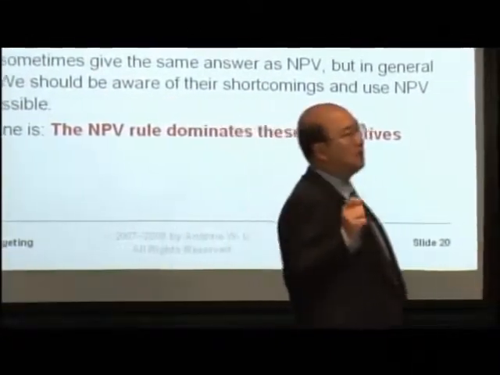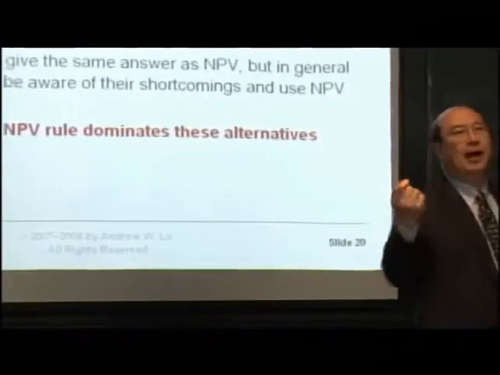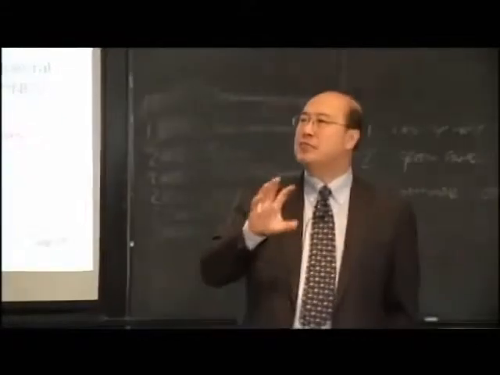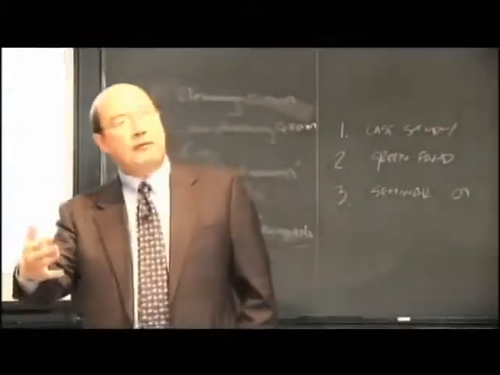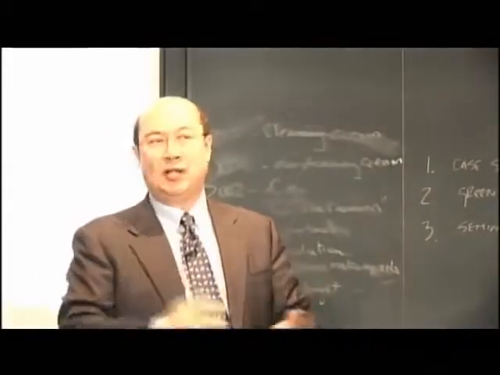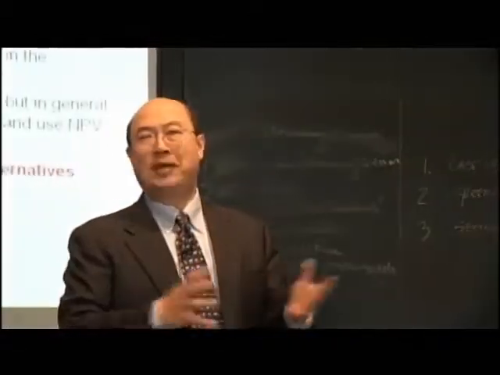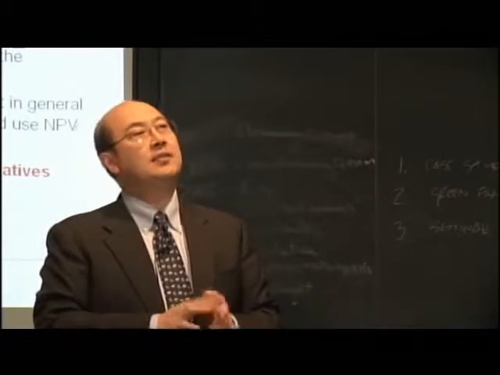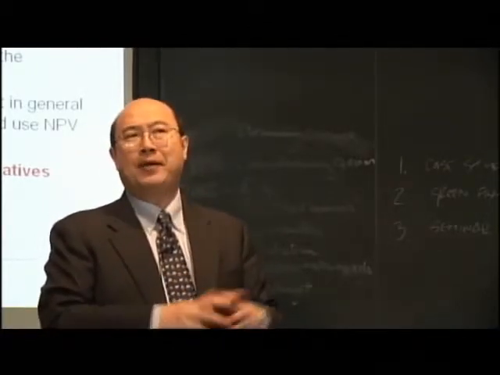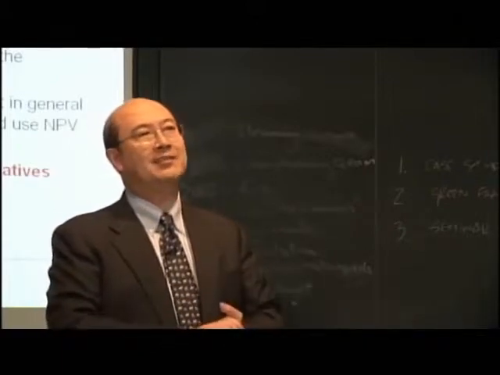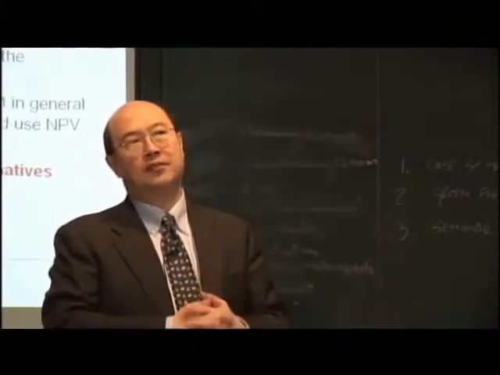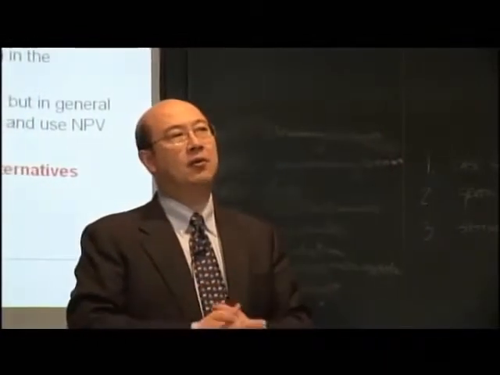Before I do, a student came up and asked me about a concept called adjusted present value. I wanted just to make a note of that because so far we've been talking about NPV, but in fact, both the textbook as well as the best practices would suggest that you use something called adjusted present value, which basically makes adjustments for things like taxes, project interactions, strategic alternatives, optionality, and so on.